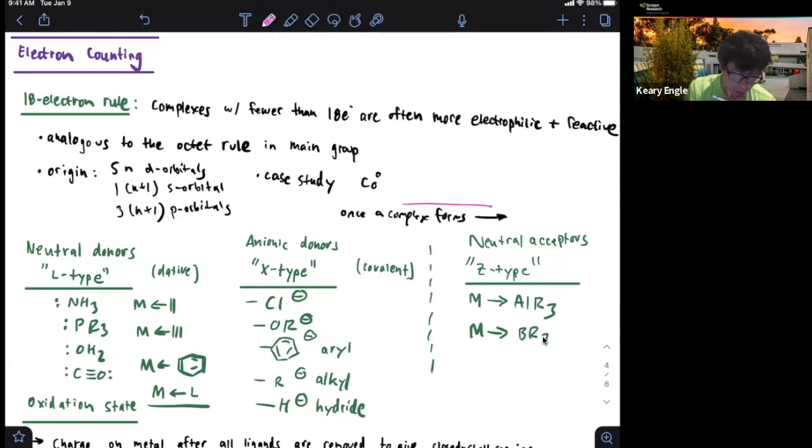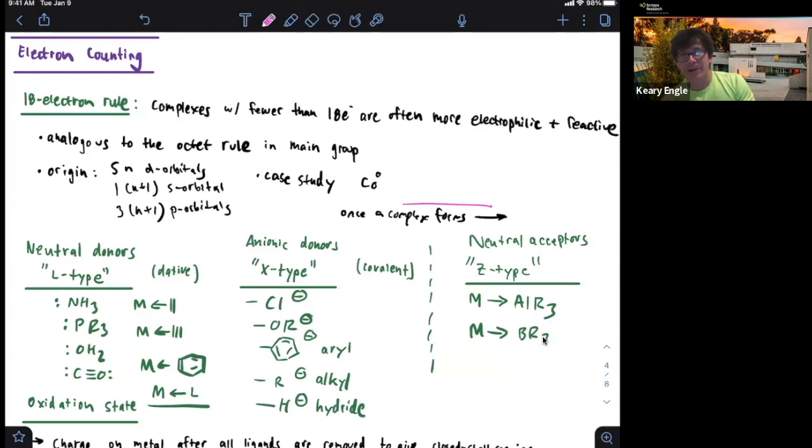He describes it as an empirical trend, which is fine, but we'll just call it the 18 electron rule. It doesn't necessarily fall out of first principles, but it is indeed a trend that empirically we see, which is that in general, complexes with fewer than 18 electrons tend to be more reactive and tend to be unstable.